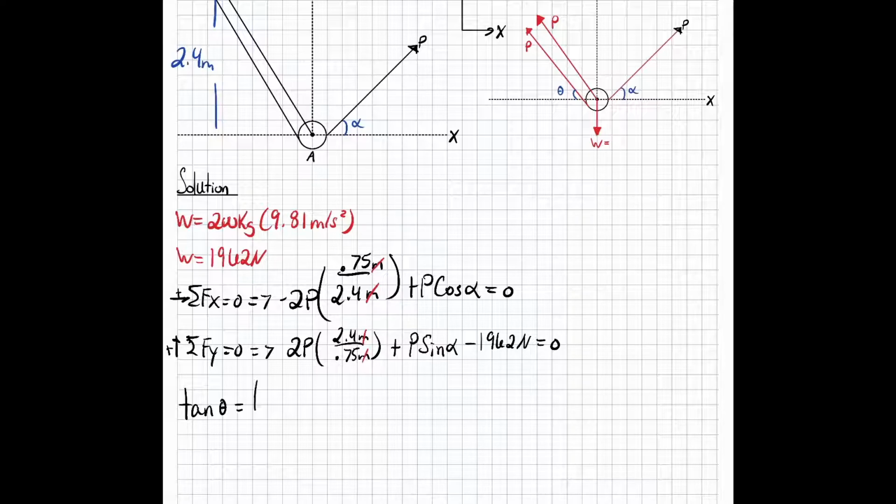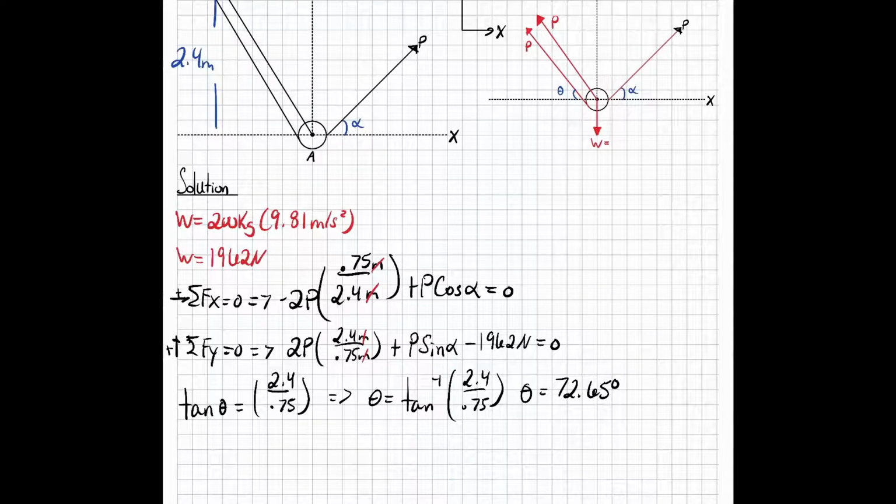So we're going to have 2.4 over 0.75. To find theta, you just take the inverse tangent of 2.4 over 0.75. Doing that inverse tangent, we get our theta to be 72.65 degrees.